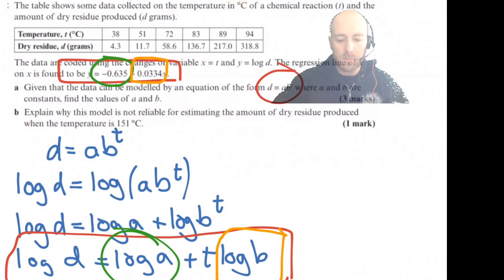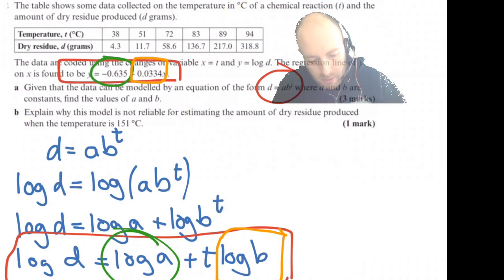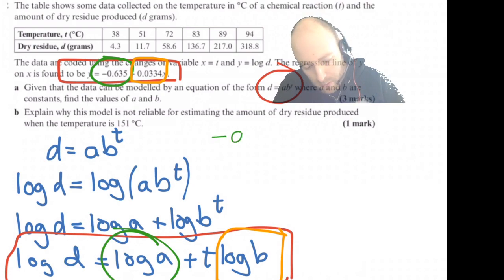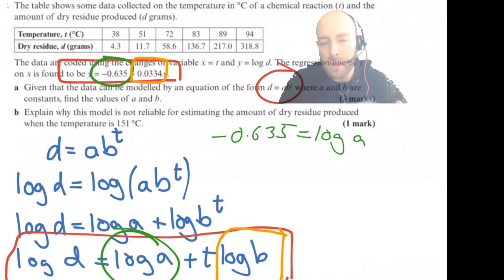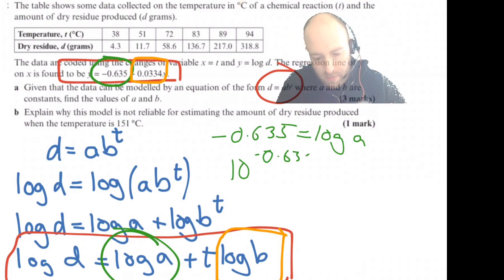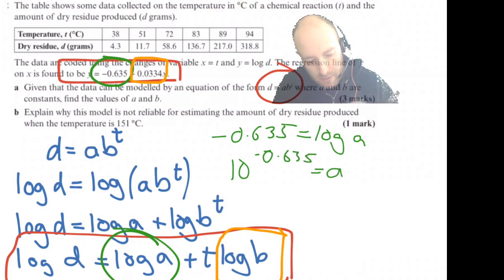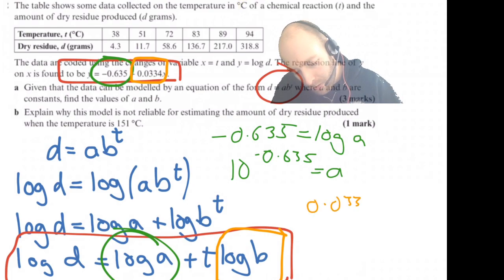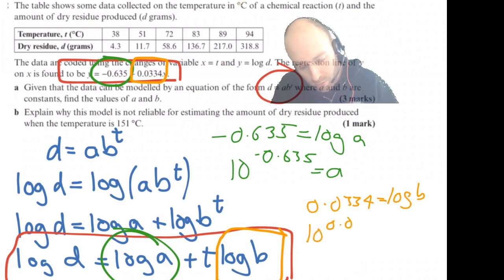So I'm going to do that under this bit. So we're going to say minus 0.635 equals log a. And remember, log without a base is log base 10. So I can say 10 to the power minus 0.635 is a. I can do the same thing with b. So I can say 0.0334 is log b. So 10 to the power 0.0334 equals b.